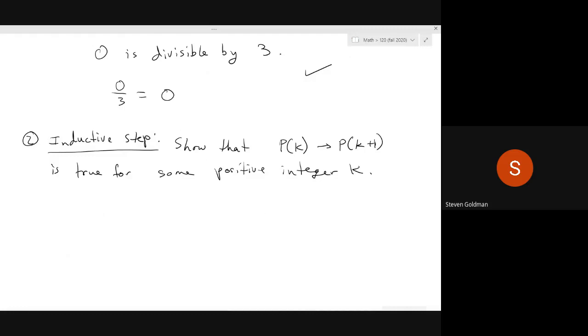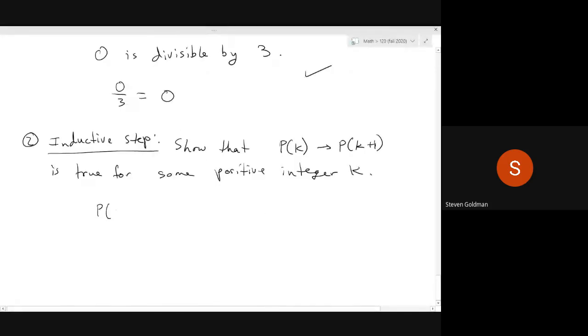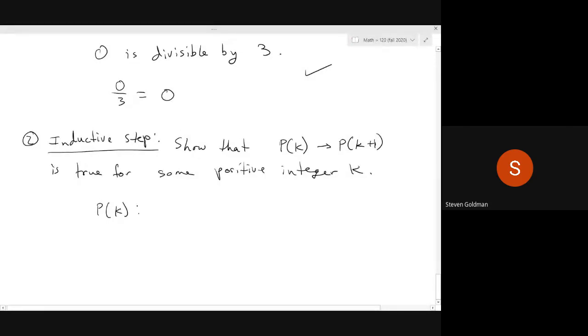And again, why is k a positive integer? Because n is a positive integer, so k is allowed to be whatever n is allowed to be. So let's again start by writing down what P of k and P of k plus 1 is. Again, we're going to do a direct proof, but I want to start by writing down what P of k is and what P of k plus 1 is, so it's clear to us.